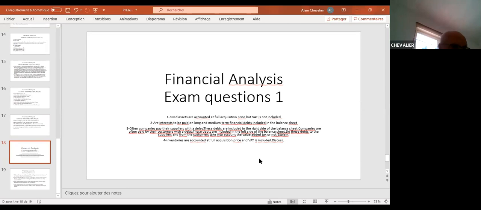Or it can be any kind of intangibles, from a brand to a patent to any goodwill due to an acquisition. There is never VAT, it's never VAT included, it's VAT excluded.